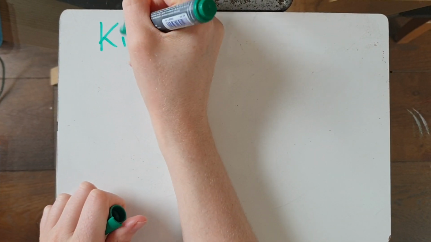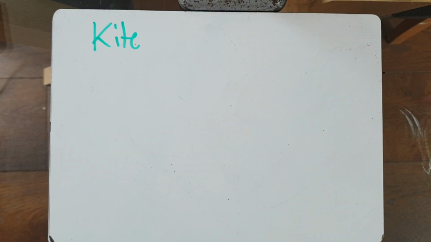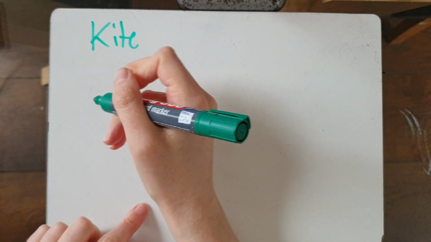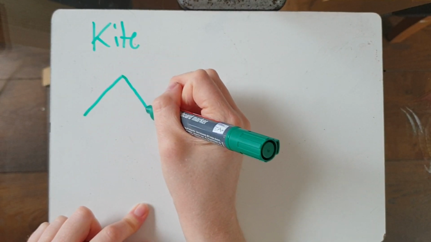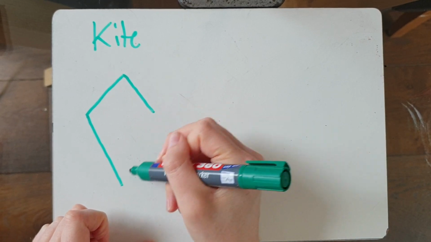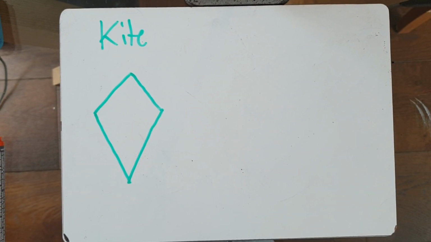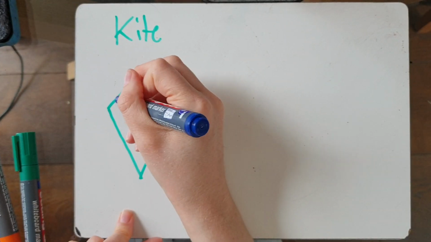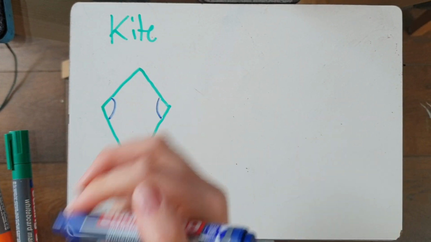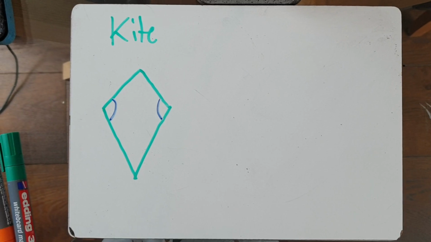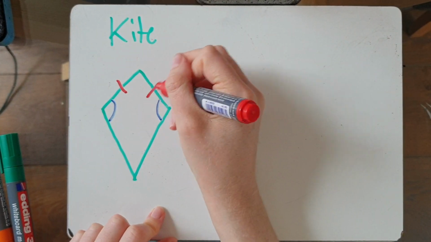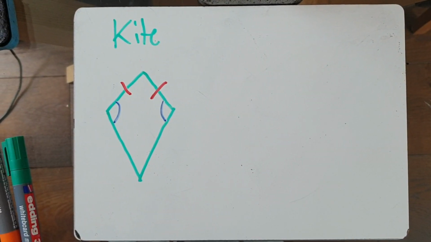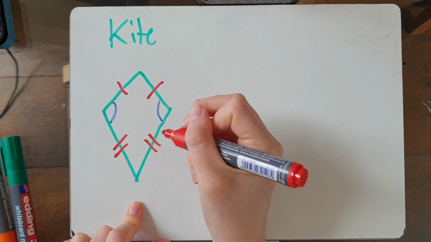Penultimate shape is a kite. Did you get that one when you had to write your list? It looks like this, or something like this anyway. And its properties are that it has one pair of equal angles. It has 2 pairs of equal sides. This one and this one are equal, and then this one and this one are equal.